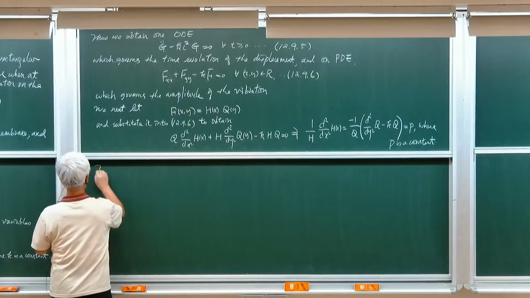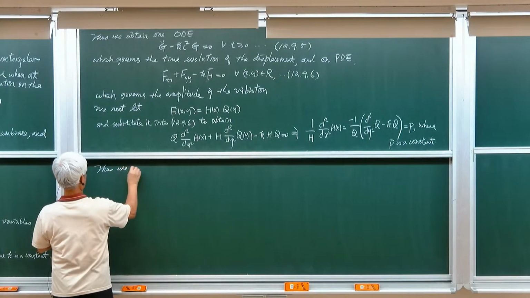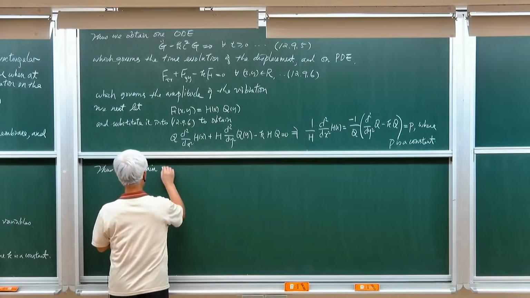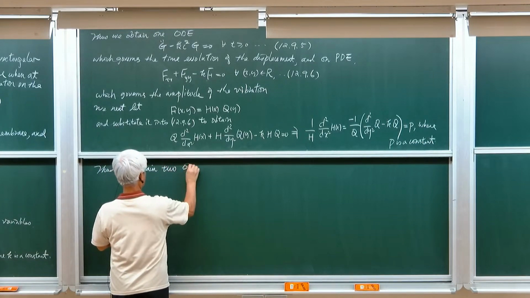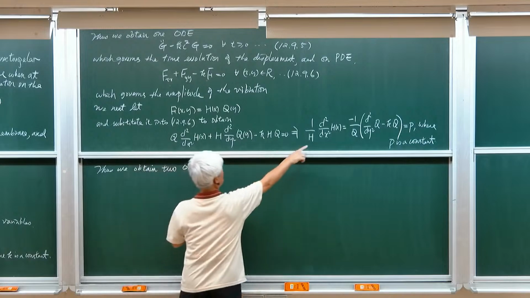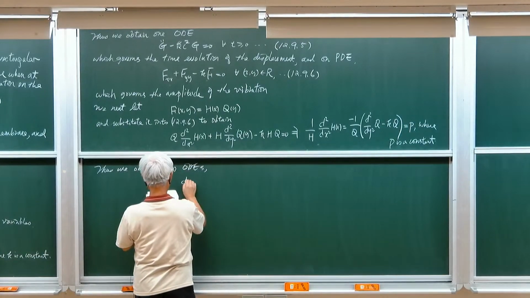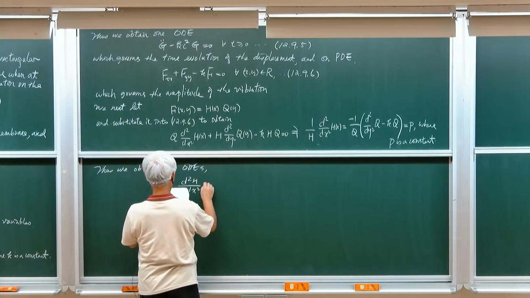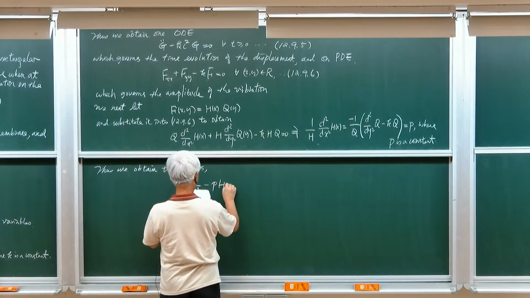So now we obtained two ODEs. Right, so the first one would be d squared h over dx squared minus p h equal to 0.